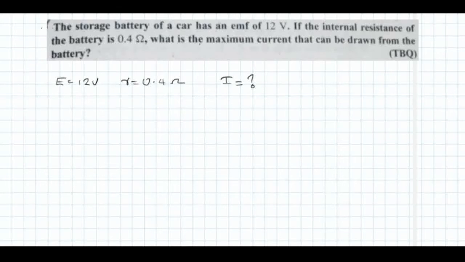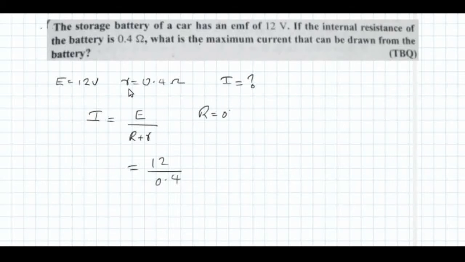We know that I is equal to E by R plus r. And what is R here? What is the capital R? Capital R is the external resistance. Since the circuit is not connected to any external resistor, we can take capital R equal to 0.